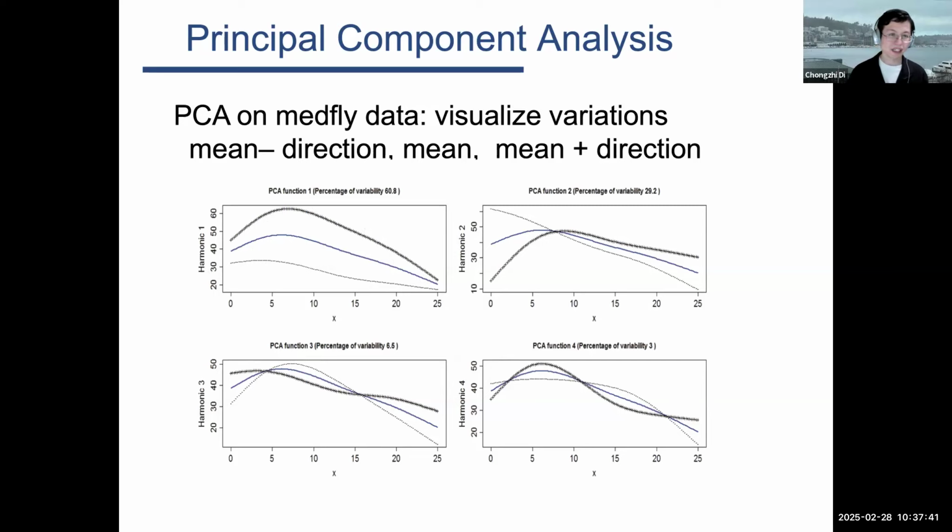For the PC1 case, first of all, we generally see this kind of up and down shift. Second, this up and down is not exactly a constant shift. The variation between the three curves at the beginning is a little bit smaller, but then it gradually increases.